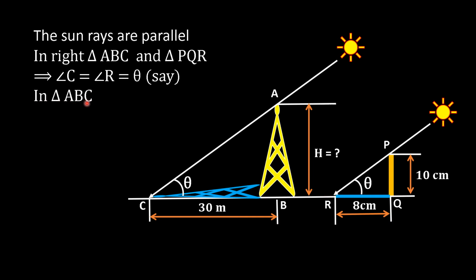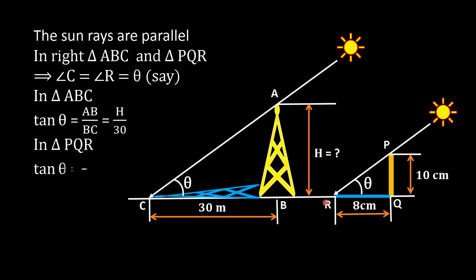In triangle ABC, tan theta is AB divided by BC, which will be H divided by 30. In triangle PQR, tan theta will be PQ divided by RQ, which will be 10 divided by 8.